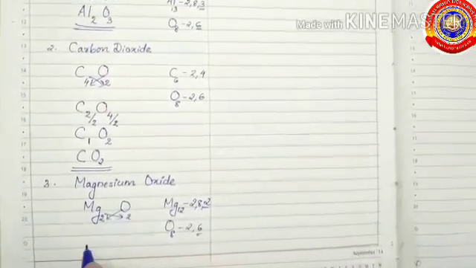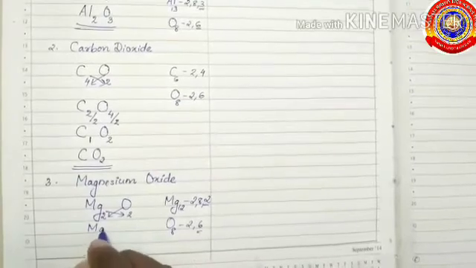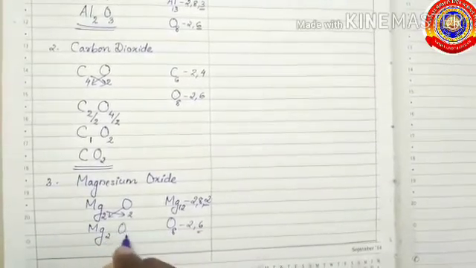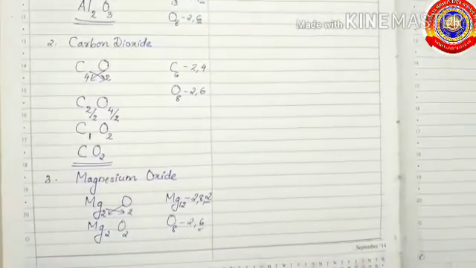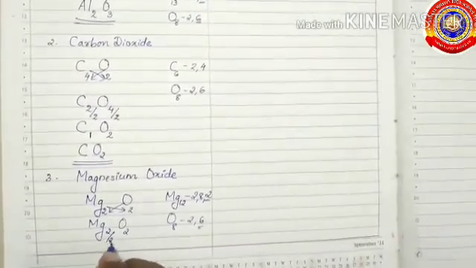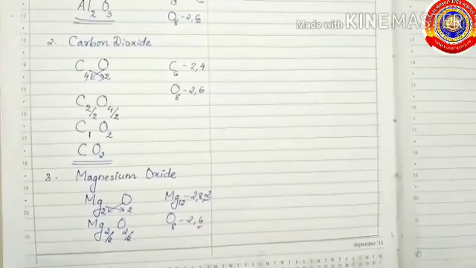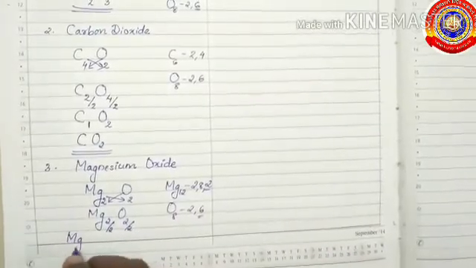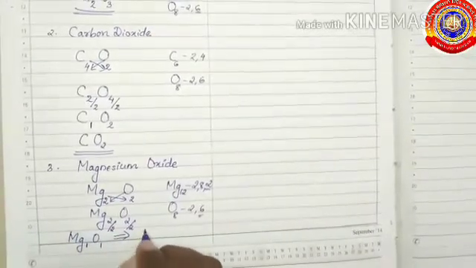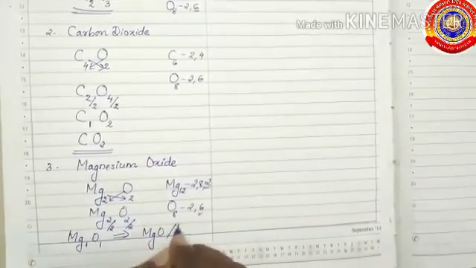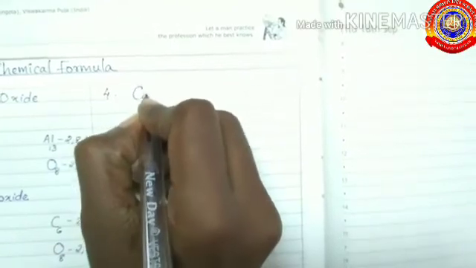Now interchange their valency. You will get Mg2O2. We can divide these numbers by a common number to get a simple ratio. So divide by 2, and you will get Mg1O1. Remember, if you are getting 1, you don't need to write this 1. You can write MgO.